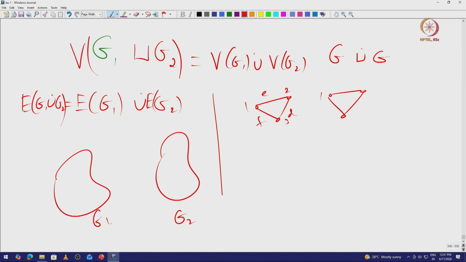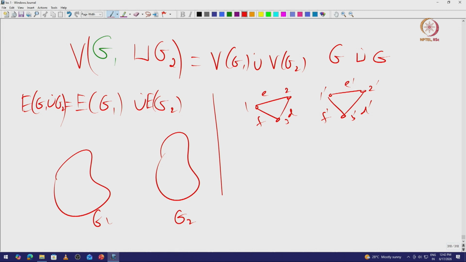So I can also have 1, 2, 3, E, F, D. If you are not comfortable with using the same label, one can just use a dash to denote this new graph, and we can talk about any number of multiple copies, and that defines this disjoint union of graphs.